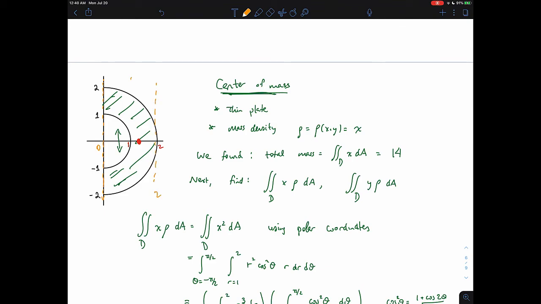The midway line is at x equals 1, but our center of mass is to the right of that, and that makes sense because of the density being distributed more to the right. Remember, we said that the right-hand side was heavier than the left-hand side, and that's pulling the center of mass to that right-hand side. So this lines up with our intuition, the result that we found.